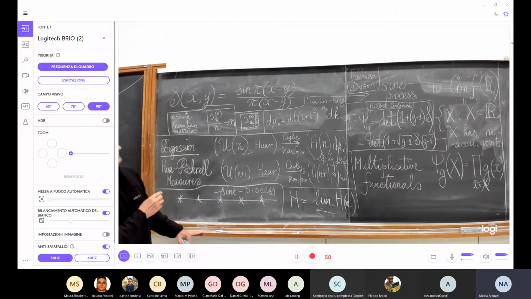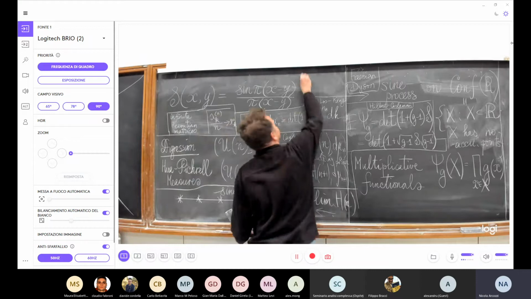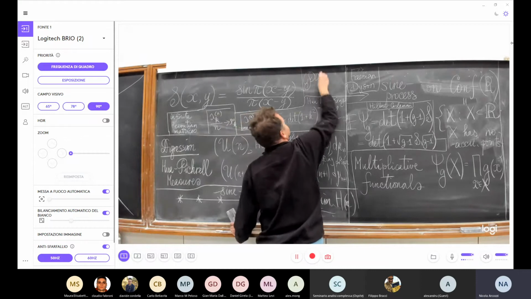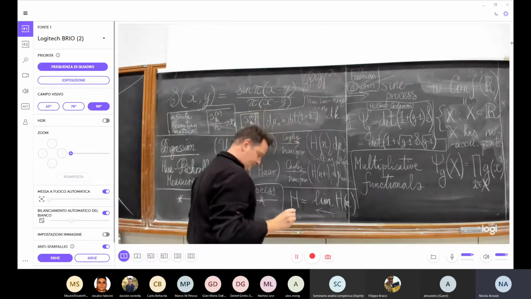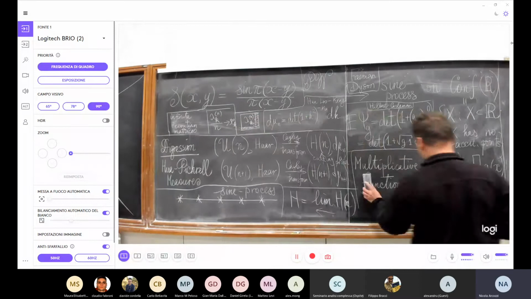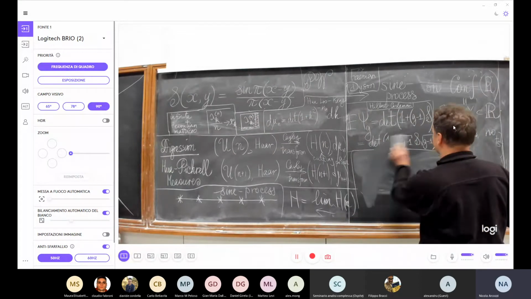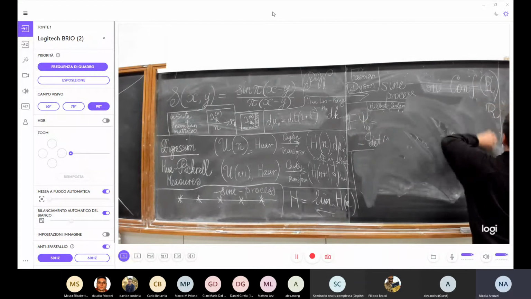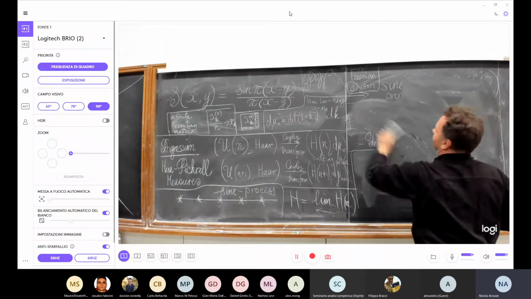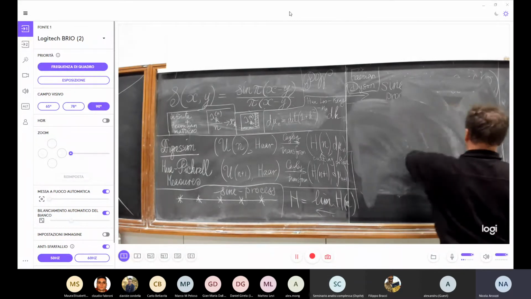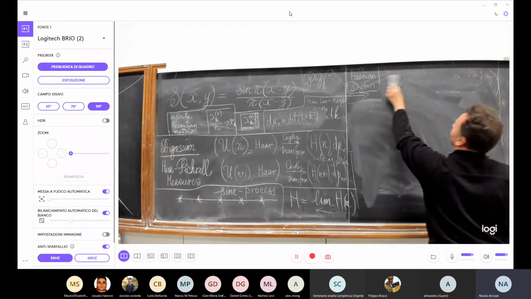So the Paley-Wiener space and the sine process. This is the main point. And so let me formulate a theorem of Ghosh, a theorem on the sine process.